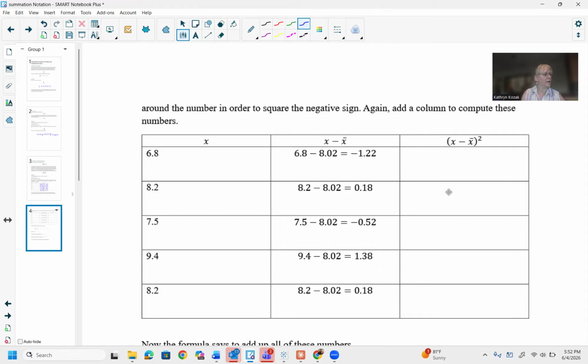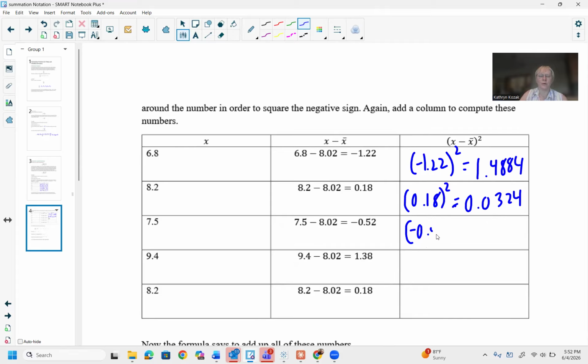Now we will square each of those numbers. So we're going to take negative 1.22, and we're going to square it. Notice I put in parentheses, and I get 1.4884. We're going to then take 0.18 and square it. Again, I put in parentheses just to remind myself. That gives me 0.0324.